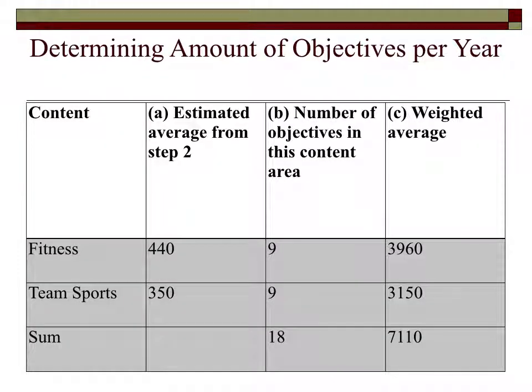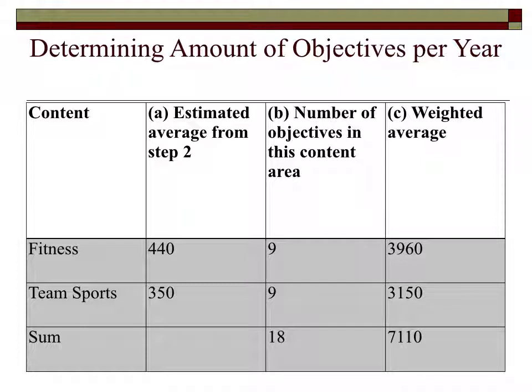So then we go into this next table, where we take the estimated average, which is the 440 that I showed from the previous slide, and I put in another content area and said that average was 350.